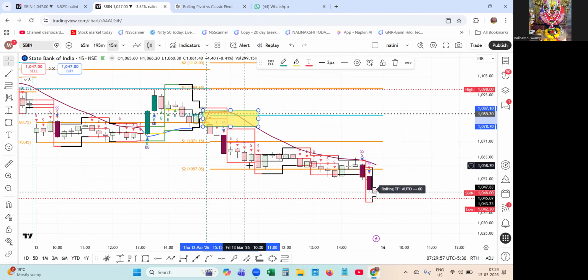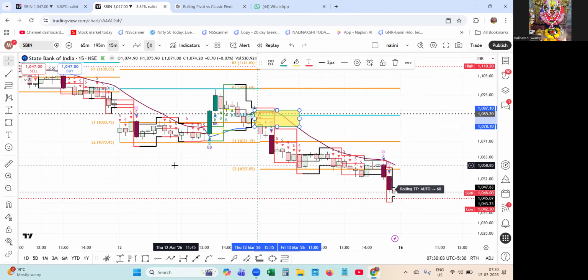So look at the color change of the bars. It alerts you. See, it is a sell trade. Big red color, dark red, brown color, you can see it is alerting you. But after balancing out, you can see it is flipping to the green color.